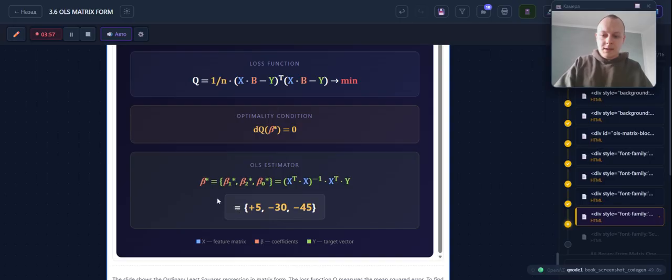There are some ways to find matrix derivatives, but they might be difficult. I'm not familiar with them, I never worked with them. So in this lesson, we will use a prepared formula that explains how we can find the same best coefficients for our model, the same minimum point of the quality functional.